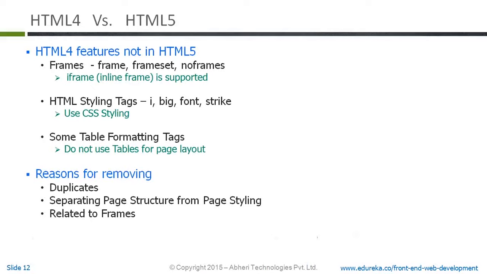For a table of data, we have to use tables. But since tables give a nice layout, they started using them even for content. That's a very bad practice, which you should avoid, because you should use the table tag only for displaying data, not for layout.